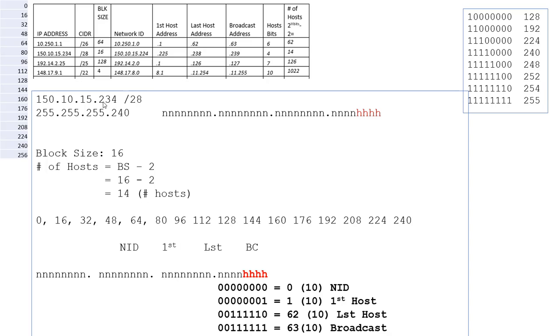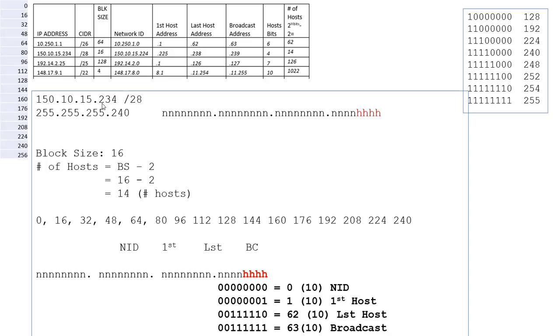The IP address that we started with, however, is this 234 up here. And the question is, this 234, what block does it belong in? Where is it? Well, a host address has to be larger than its network ID.